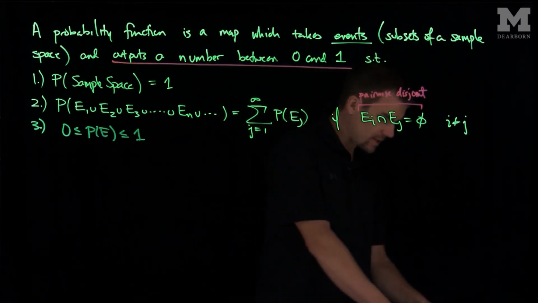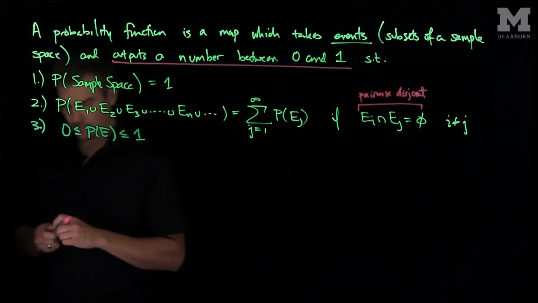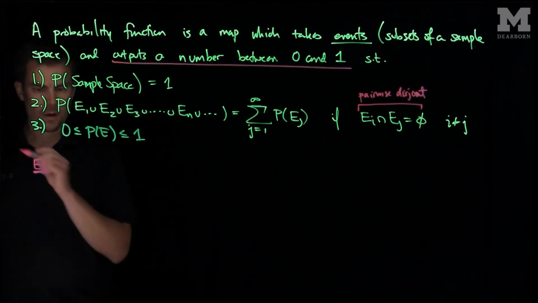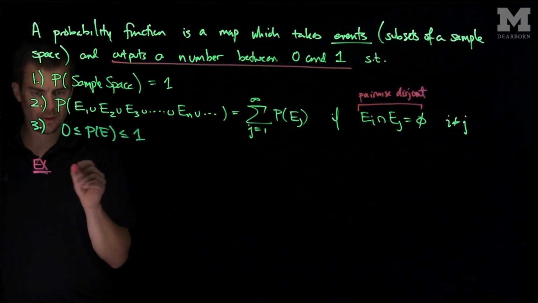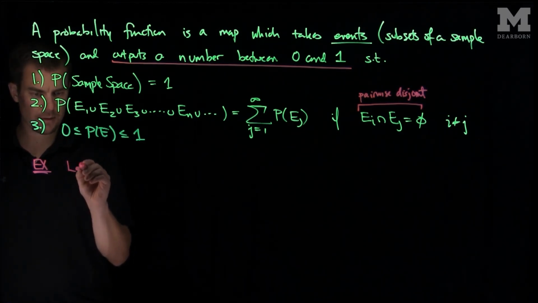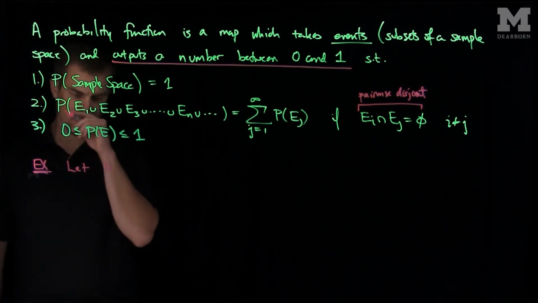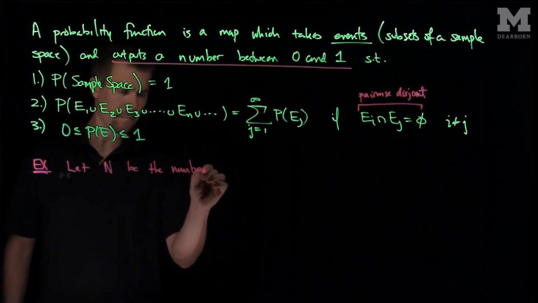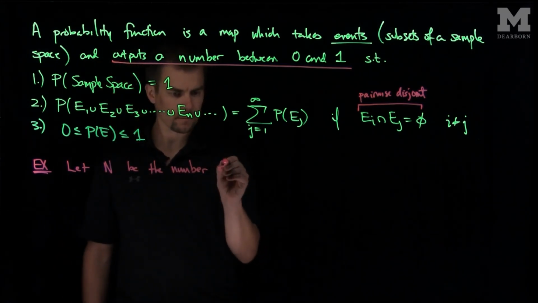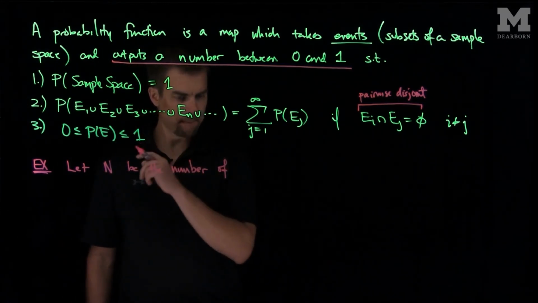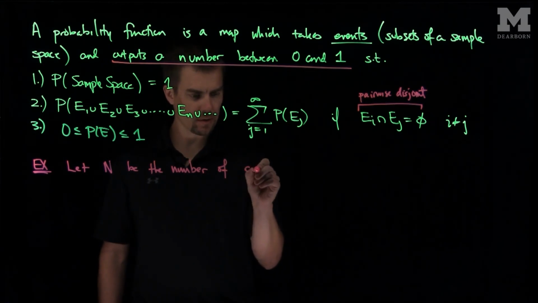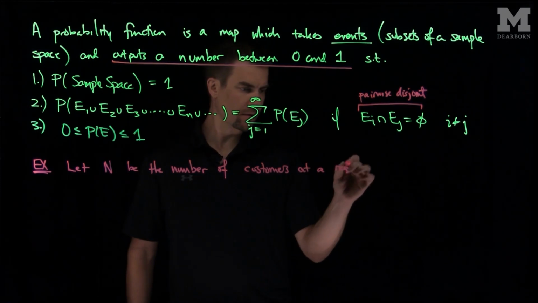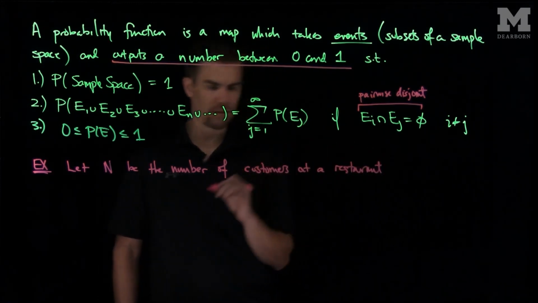So let me write down some examples of a probability. Here's an example, and we'll encounter this example a lot later. I'm going to consider an event, so let N be the number of customers at a restaurant on a given day.